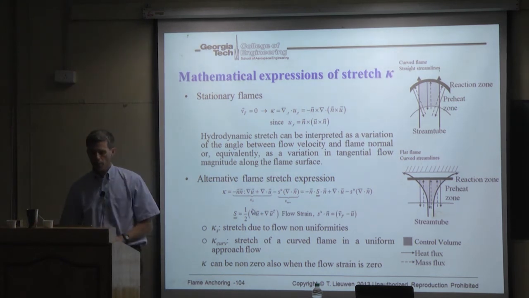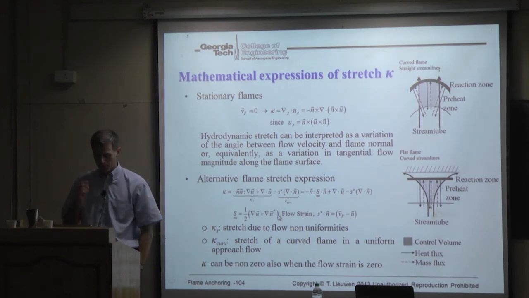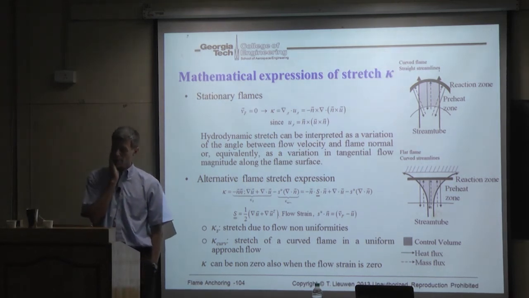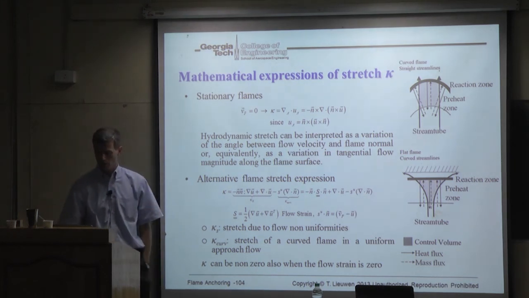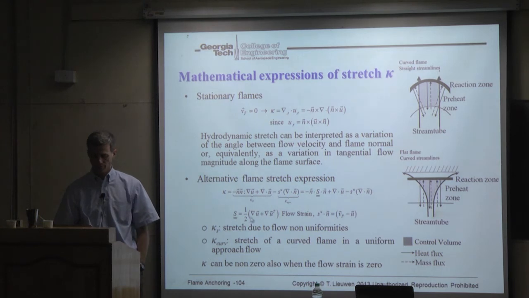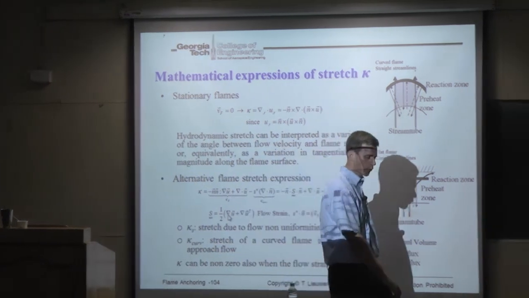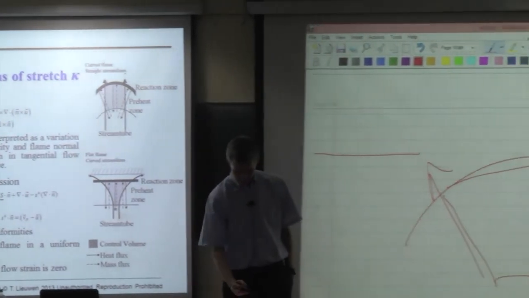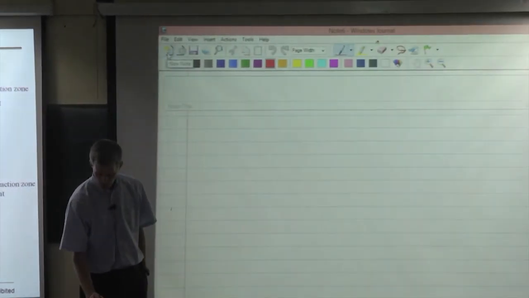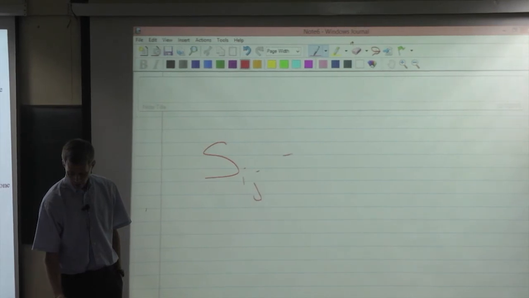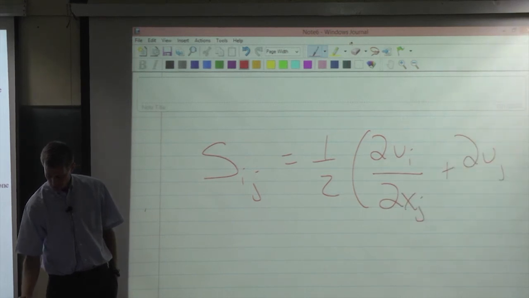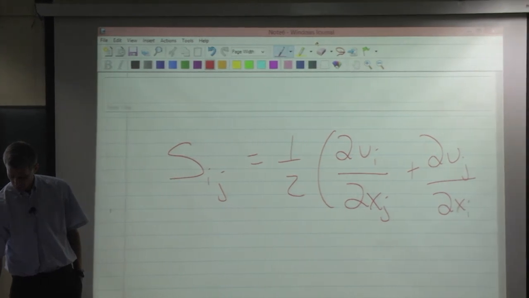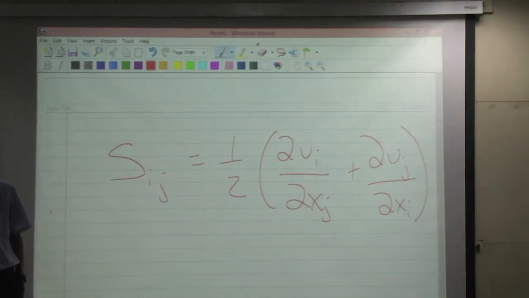Now, one of the other things I want to point out is that you may remember, if you've taken an advanced fluid mechanics class, there's a strain rate tensor, which I'm calling S here. In tensor form, S_ij is equal to 1/2 (du_i/dx_j plus du_j/dx_i). Does that sound familiar?